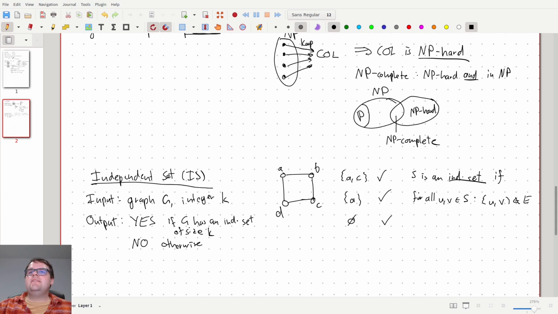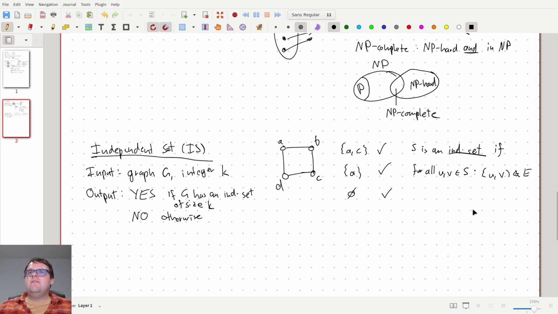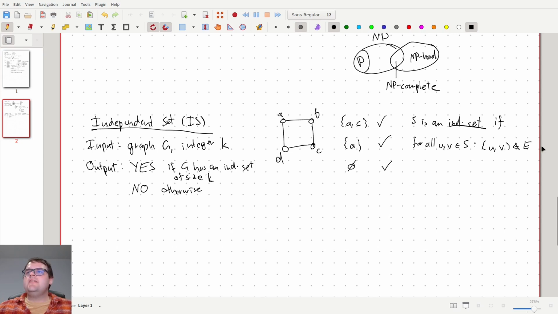If S is the empty set, then this is a for all statement over the empty set. So you're quantifying over nothing, and that just makes it true, right? This is a condition that has to be true for all pairs of nodes. But if there are no pairs of nodes, then the condition is just trivially satisfied. That's how we do it by default.